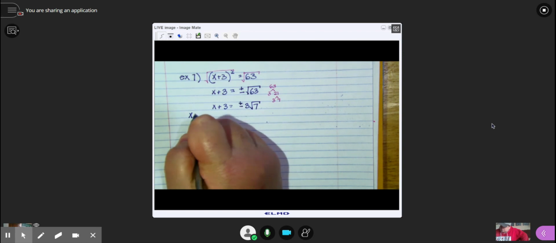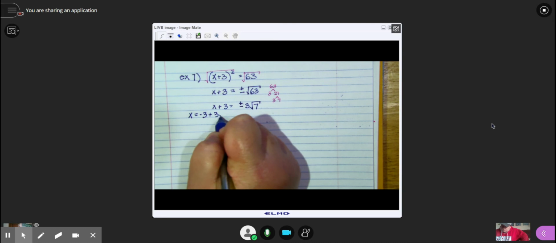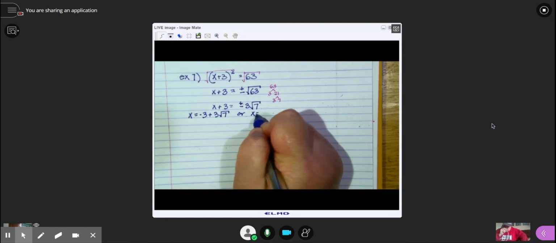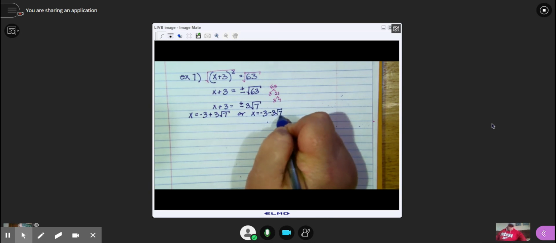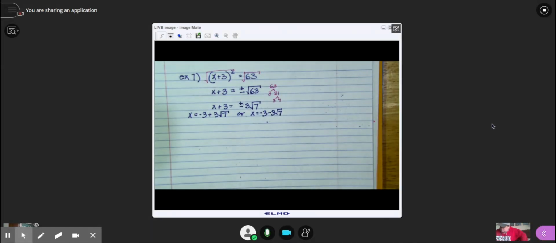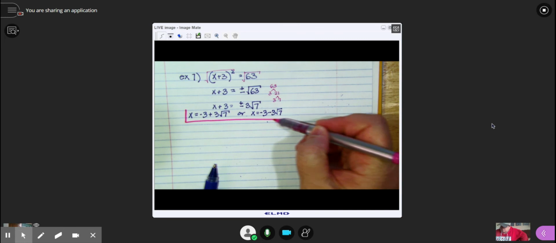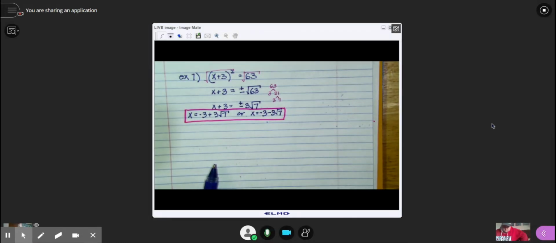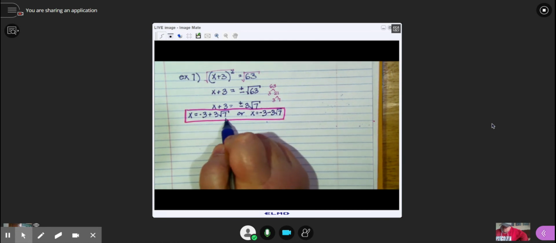So my x would be a negative 3 plus 3 square roots of 7, or x would be a negative 3 minus 3 square roots of 7. These would be my exact answers.